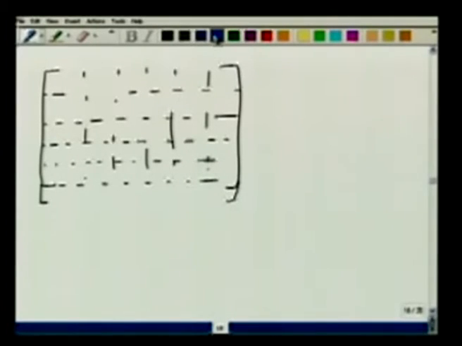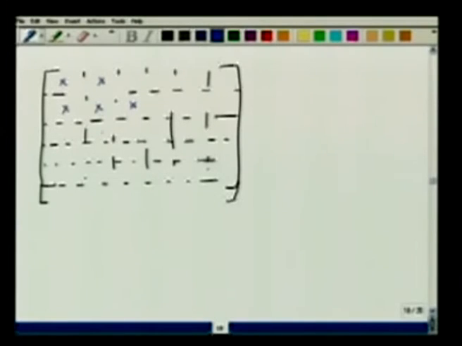In that matrix, for the first row, only the first column and the second column are going to be non-zero. For the second row, the first column, that is the i minus 1th column, the ith column and the i plus 1th column are going to be non-zero. Everything else is going to be 0.